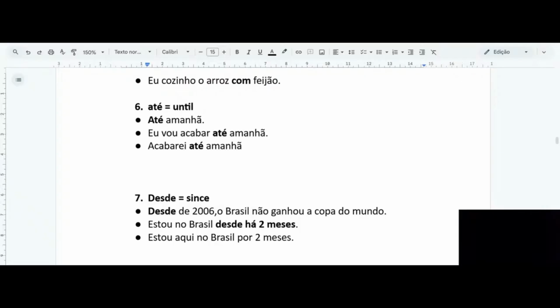Desde 2006, o Brasil não ganhou a Copa do Mundo. Vamos ver se o Brasil vai ganhar isso. Estou no Brasil desde há 2 meses. Someone asked, this one is also another one.